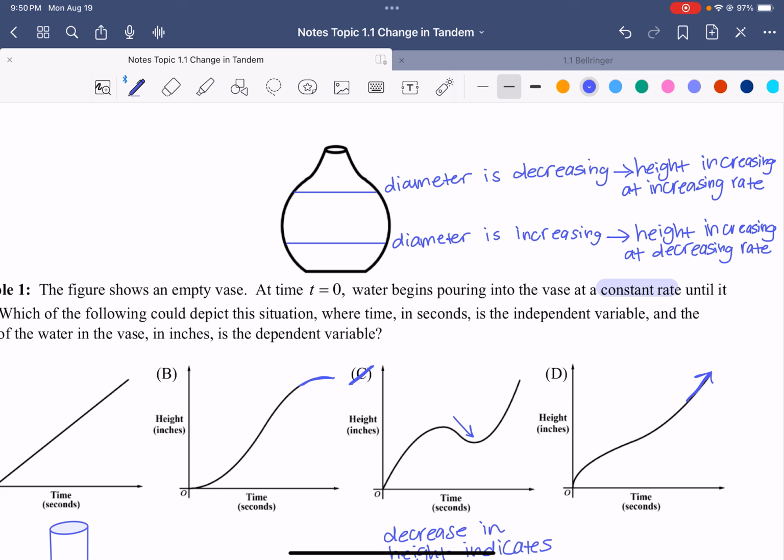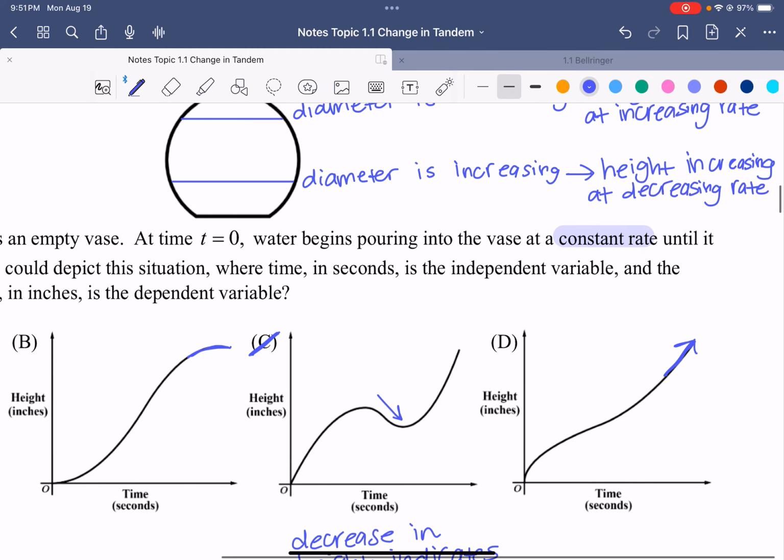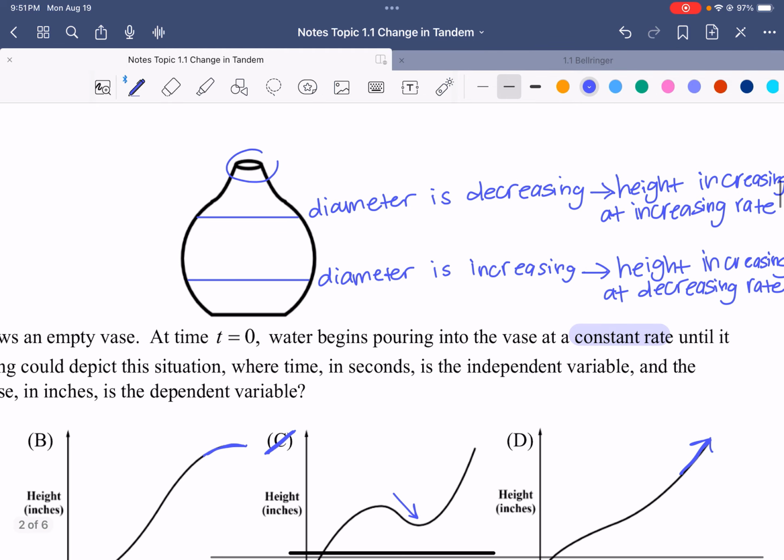Because that one is going straight up, that lets me know that D is going to be the correct answer. So I'm going to make a little note here that the top is going to fill up faster. So graphically, that's going to be a steeper line.